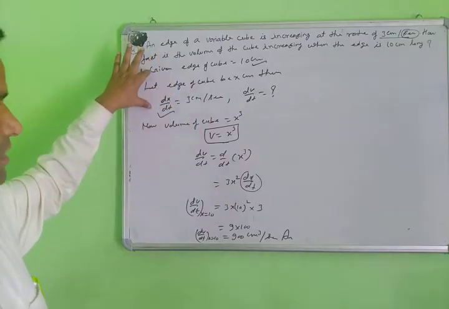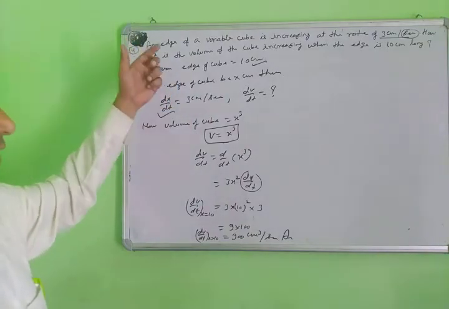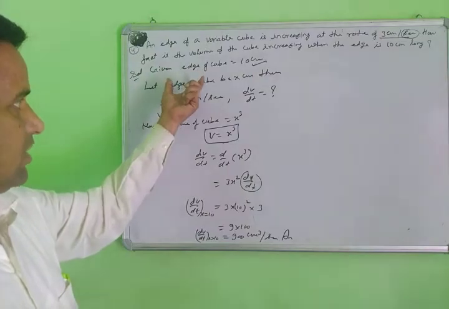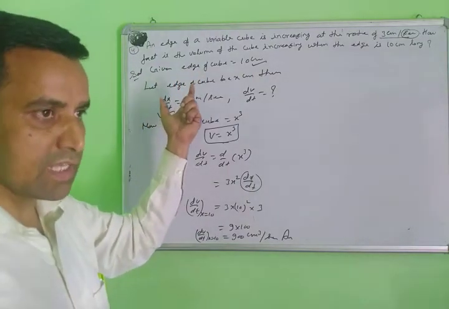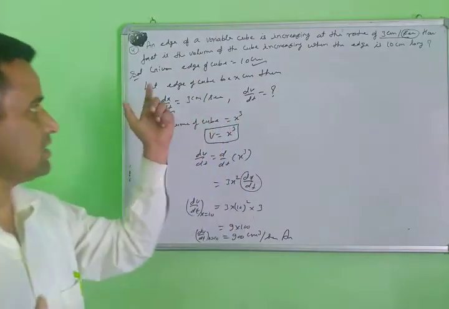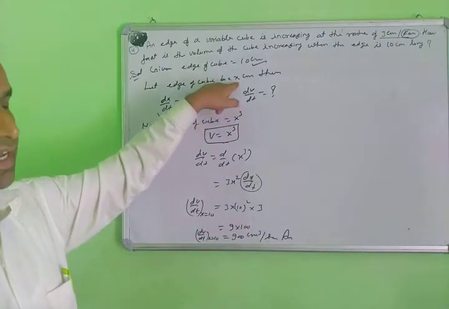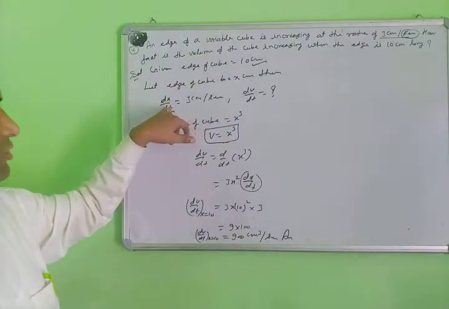First you write the given things, and write the helping variables, whichever variable it is, length, breadth, radius or anything, the helping parameter variable x. Then dx over dt is given.